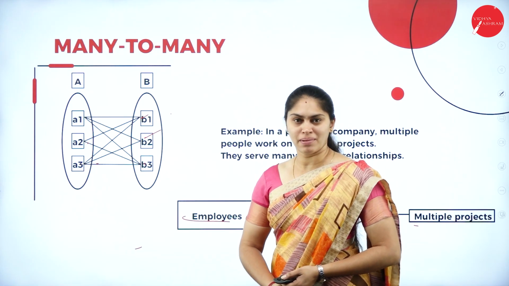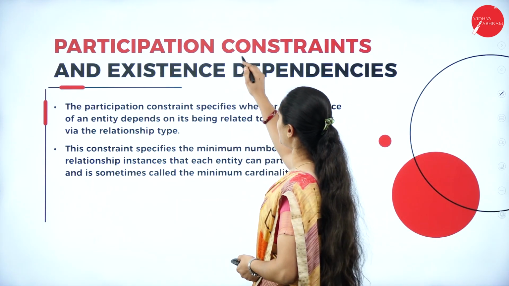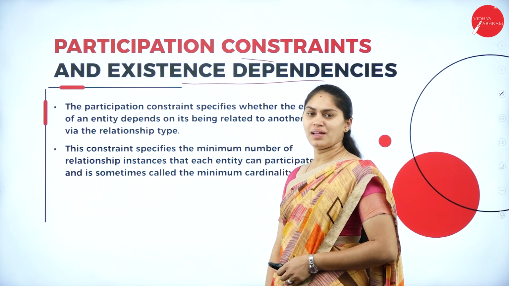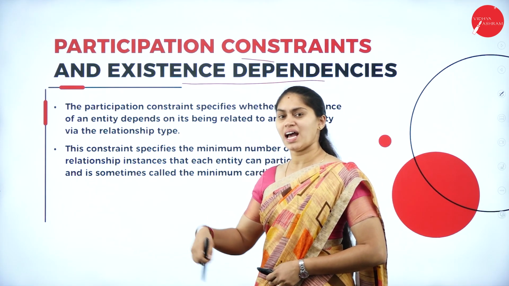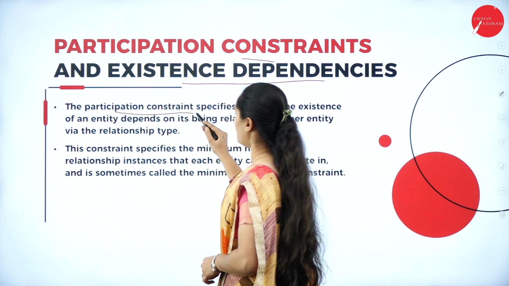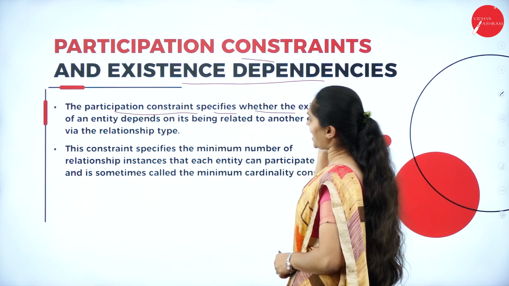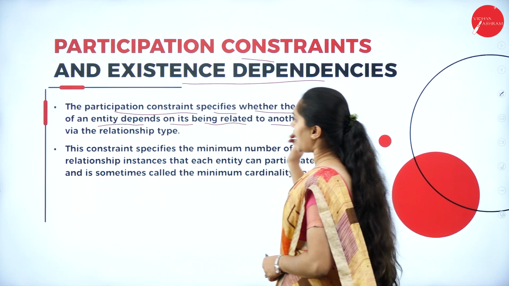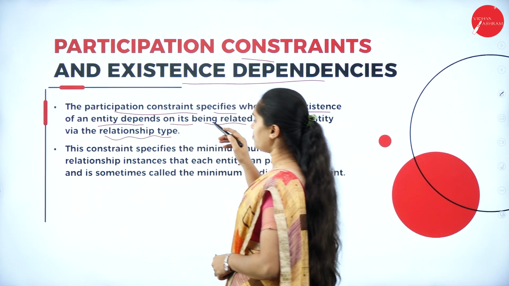Next we'll see about the participation: participation constraint and also existence dependencies. Then what do you mean by participation here? How do we have a restriction for the participation? We'll see here. The participation constraint specifies whether the existence of an entity depends on its being related to another entity via a relationship type.